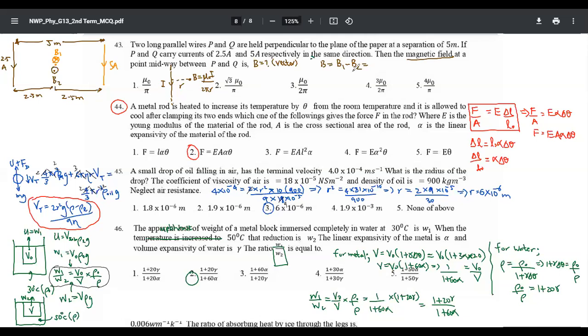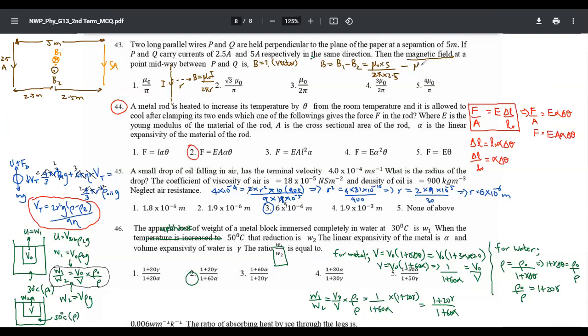So the equation for B1 now, that is going to be mu naught I, mu naught into, what is the current due to this one? 5 ampere divided by 2 pi into 2.5, because the distance is 2.5, not 5, careful, midpoint, minus B2. What is B2?